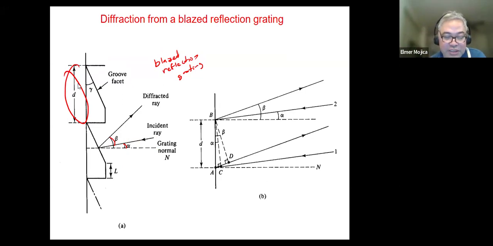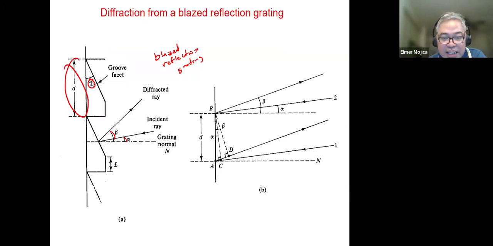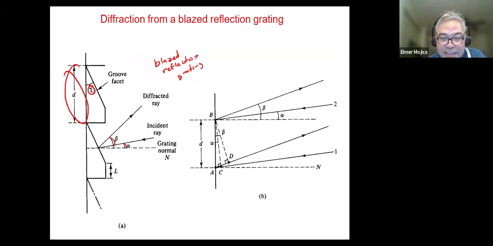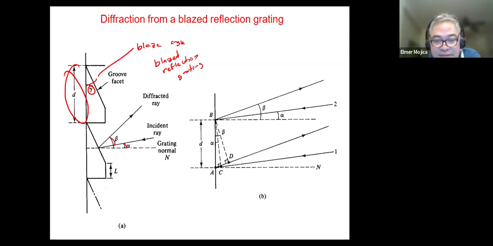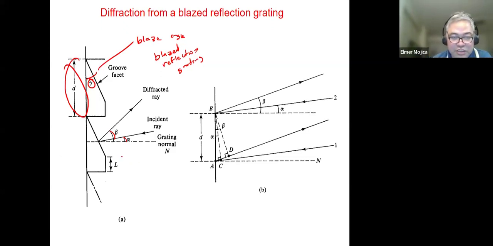And the gamma here is the angle, or the so-called groove pitch, but this one is the blaze angle. And the distance L, that is for land.